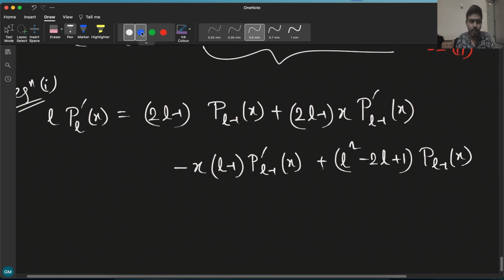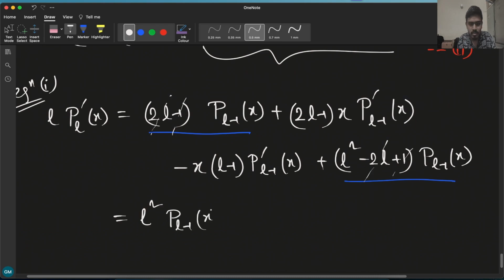Now if I do the simplification, these two terms, if I put them together, then this 2L and this minus 2L will cancel, and this minus 1 and plus 1 will cancel. So we are left with L square P of L minus 1x.